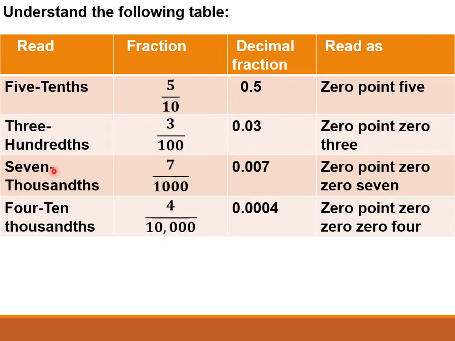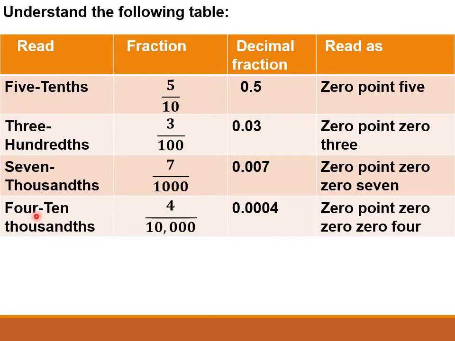Now next one is 7 thousandths. So in fraction we will write 7 upon 1000 and in decimal fraction we will write 0.007. So 1000 is having how many zeros? 3 zeros. So after the decimal point we will write 3 digits, 007. So we read it as 0.007.